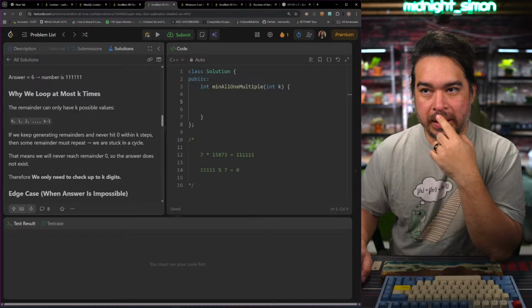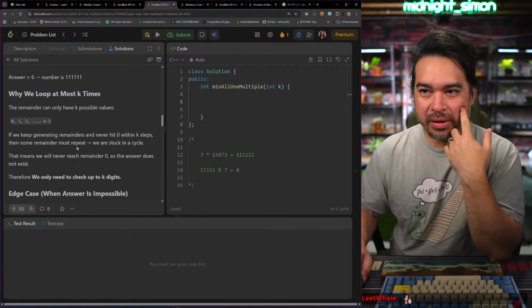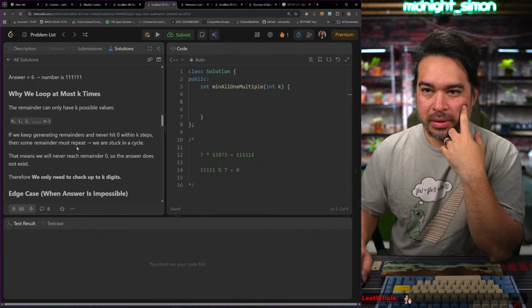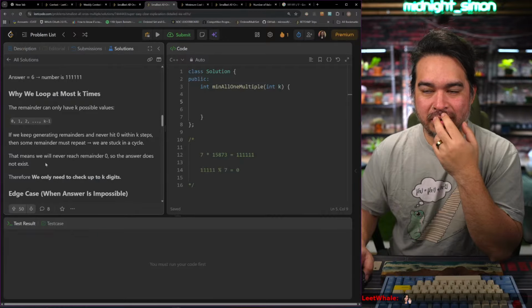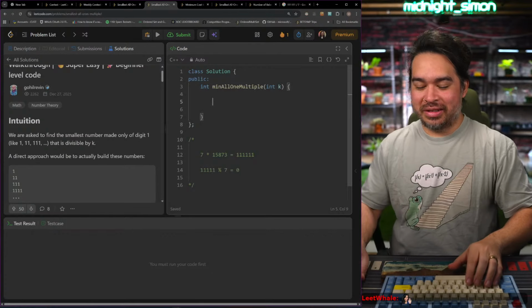Oh, once we hit a remainder that we've seen before, it's gonna be a cycle. Let's say we only need to check up to k digits. Hey, LeetCode, I just read the answer, but I think I see how they do it.